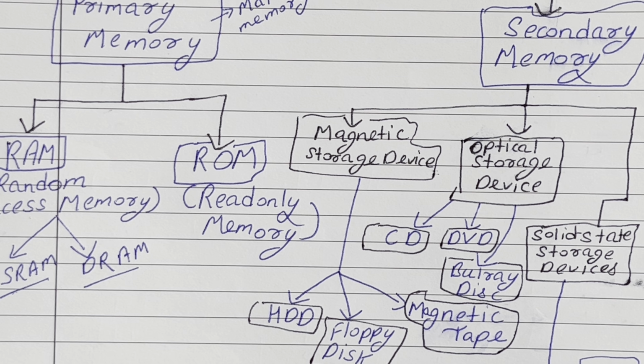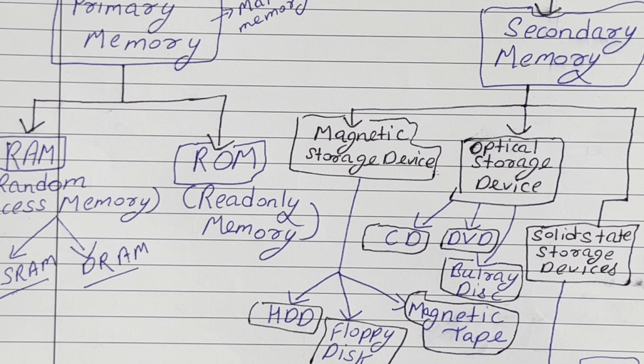Instead, it first executes the instructions stored in ROM, and these instructions perform several important tasks, such as checking whether the processor, memory, keyboard, storage devices, and other hardware components are functioning correctly. Only after these checks are completed does the system proceed to load the operating system from secondary storage into RAM.